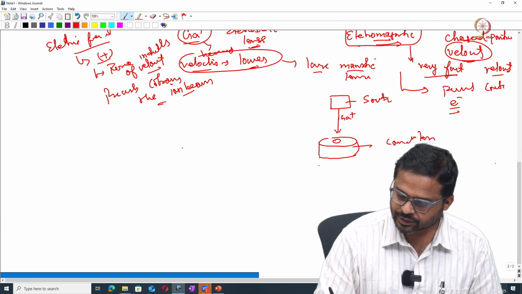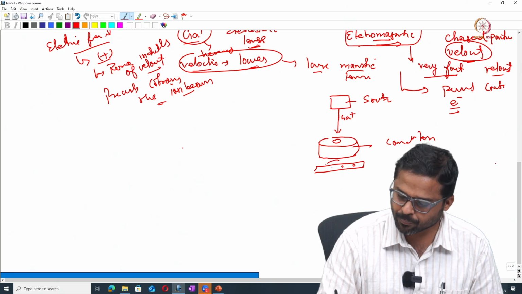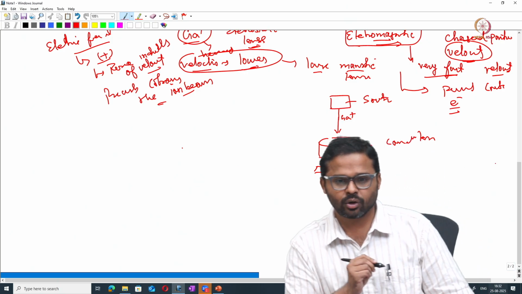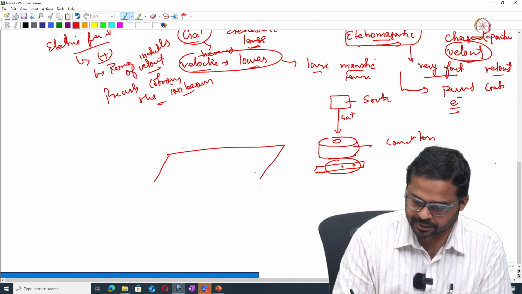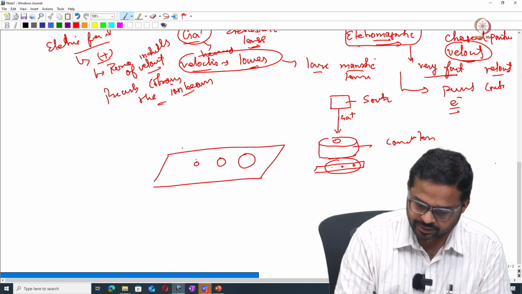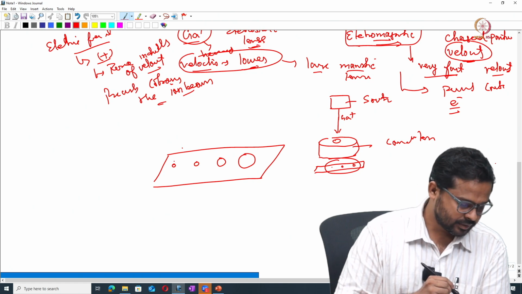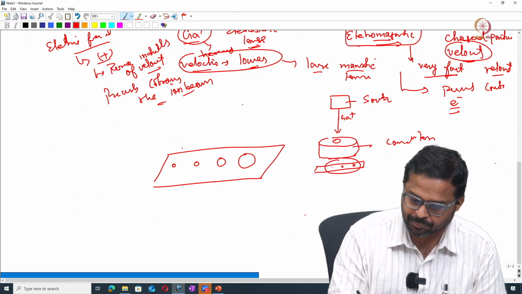Below the lens you will have an aperture, correct, with different sizes. If you magnify this particular aperture below this lens, what you have is nothing but different size holes. Okay, so if you want the larger beam, the beam should pass through this particular large aperture.